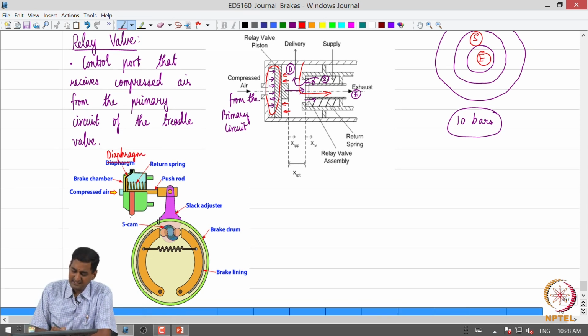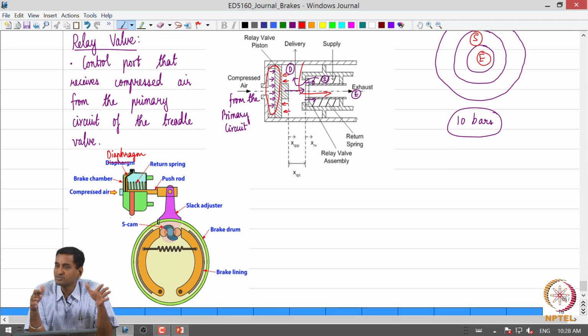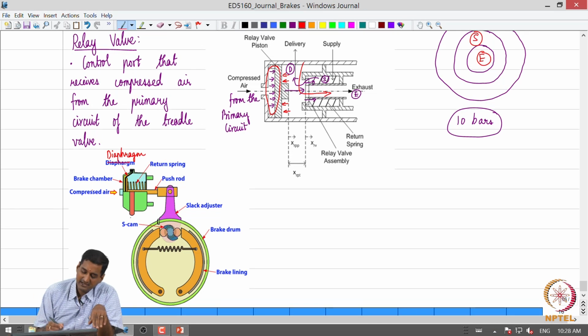So, what happens in a brake chamber is that compressed air, let us say we consider one of the brake chambers, front or rear, comes through these walls and enters the brake chamber. The brake chamber has a diaphragm which is supported by a return spring.